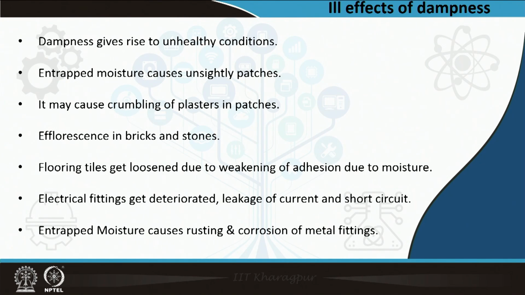You can register that a building is experiencing moisture inside it when you see such patches, or you suddenly see a plaster piece come out and fall. It may be because of other reasons too. There may be structural failures, etc., but you must get a hint that one of the probable reasons could be moisture.